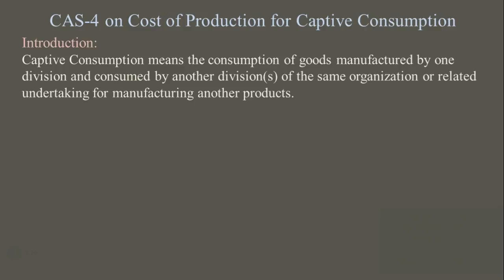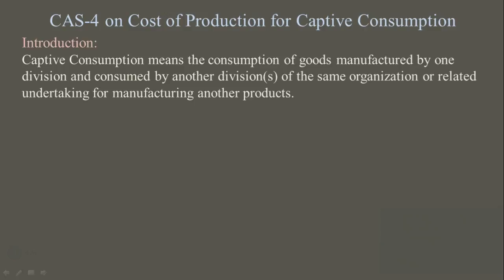Okay guys, so in these goods, what cost we have to include as cost of production? We have to check in this cost accounting standard 4 about all these things. So guys, let's start with the introduction of this cost accounting standard 4 first.